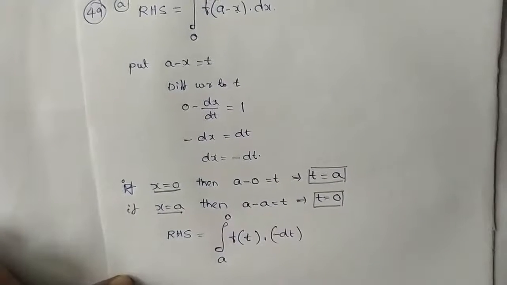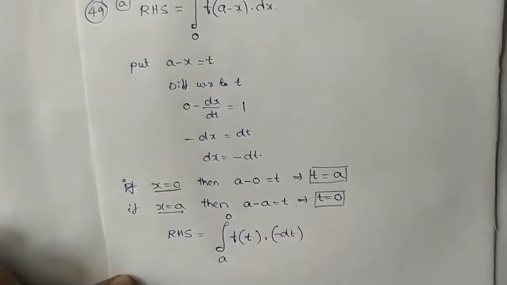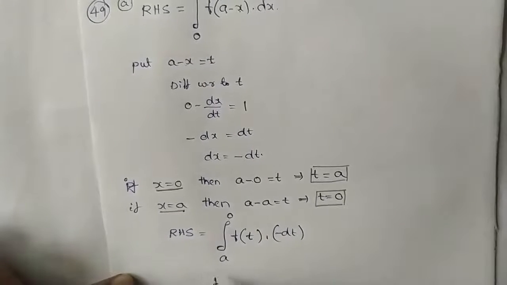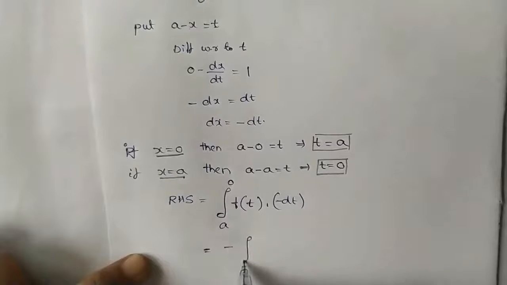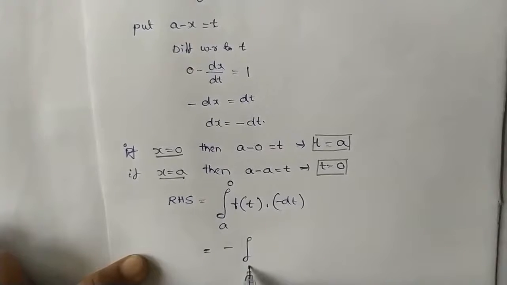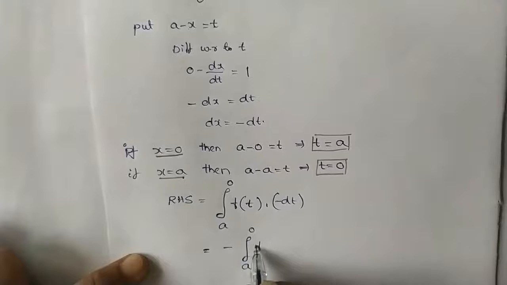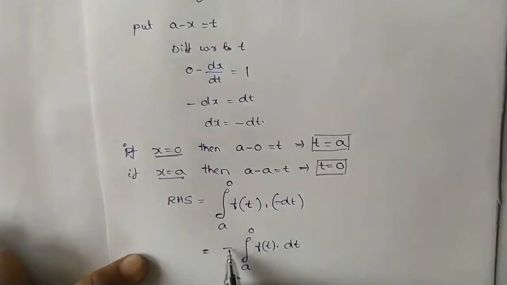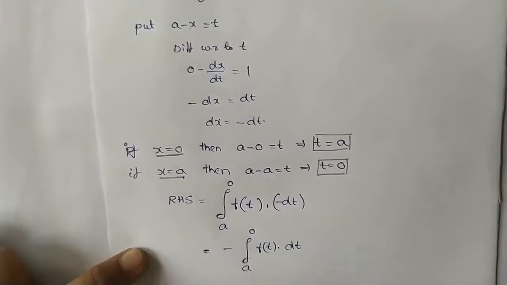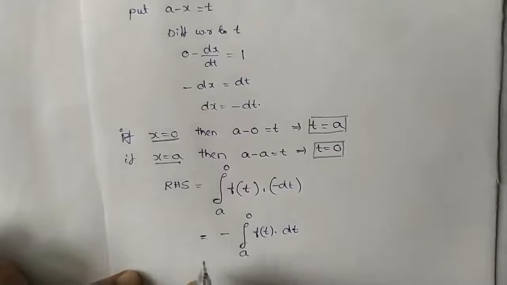Okay. Now here we are going to apply one more property. Before that, let us simplify further. That equals minus integration of a to 0 f of t dt. The minus I have written outside the integration.